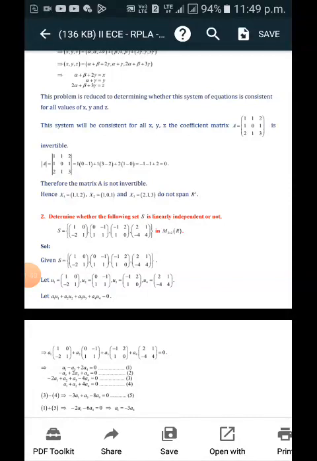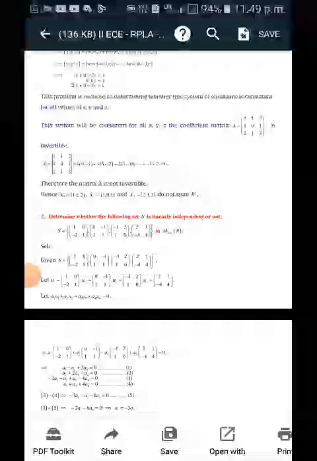So these 4 matrices are linearly independent or not. This is checked by the given solution.